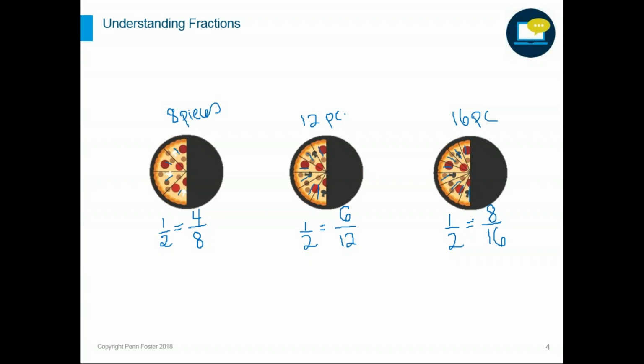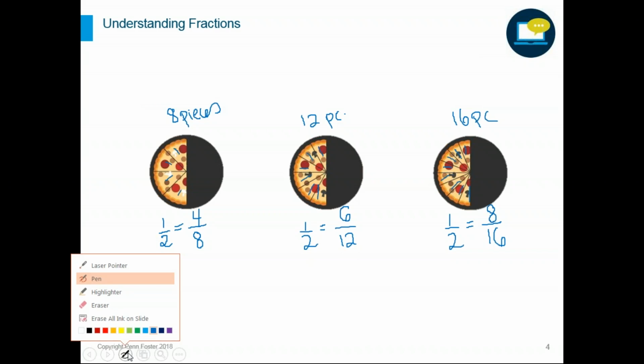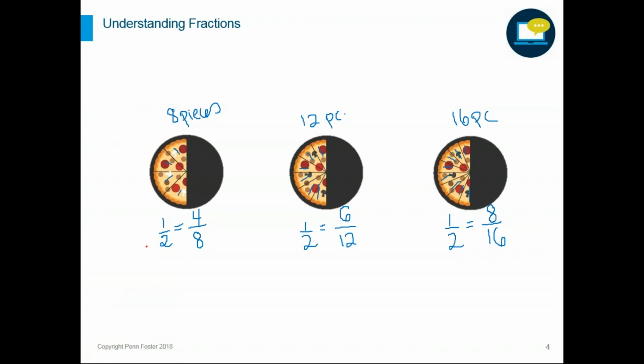So if I want to use math, instead of looking at the figures of the pizza, what do I do in terms of numbers to go from a half to 4/8? Well, the idea of finding an equal fraction is to multiply the top and the bottom times the same number, or the same factor.